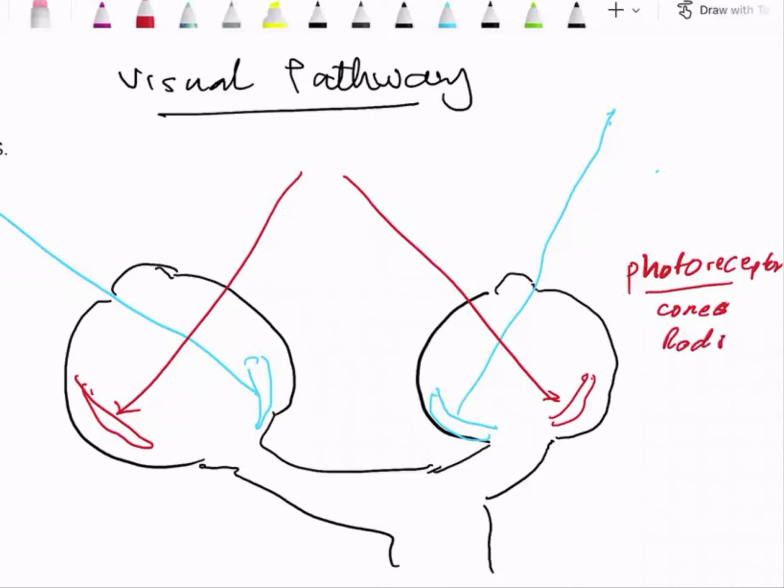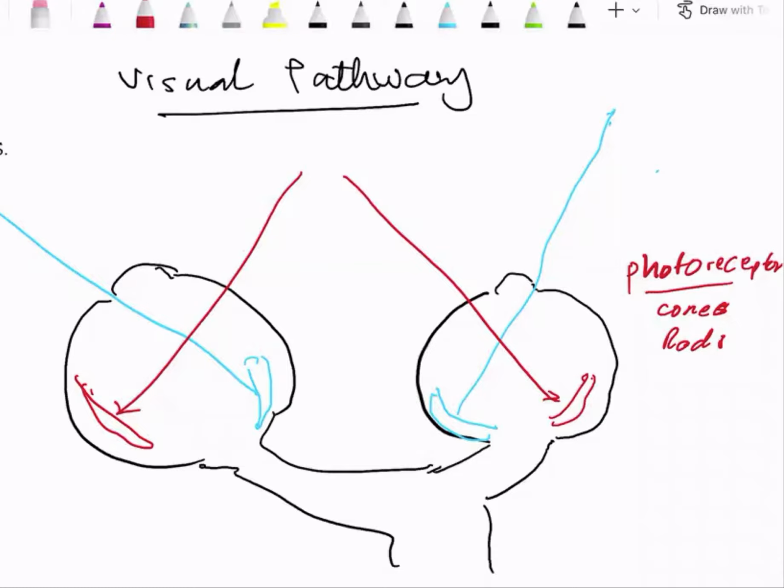The cones usually receive light when there is bright light, while the rods accommodate low light and night vision. Once the light or the image hits the photoreceptor, it will transduce the light and the image.